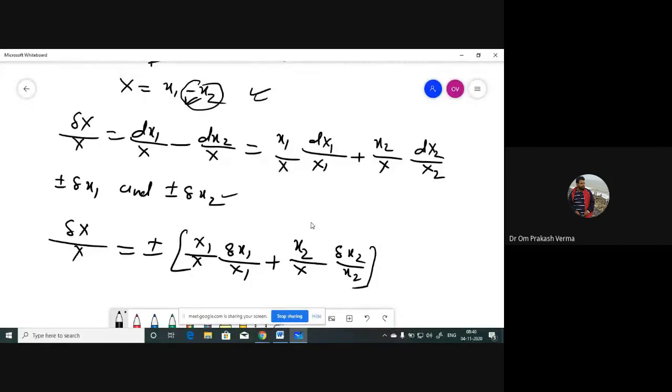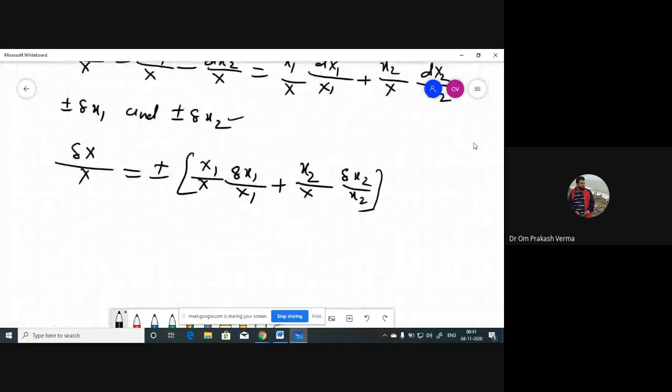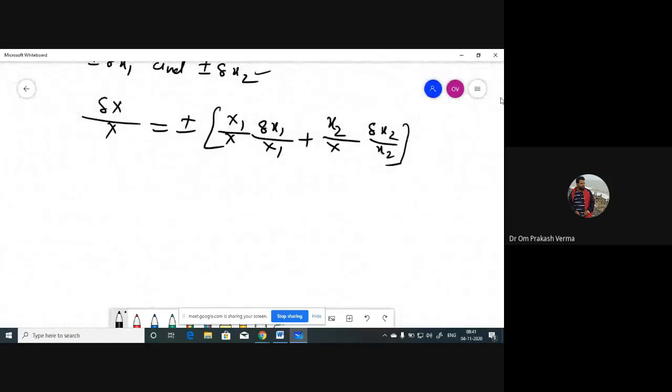Now let's say you have the combination in multiplication. How can you find? Anyone? Let's say we have the third quantity combined like this, x1 into x2. Now how can you find?